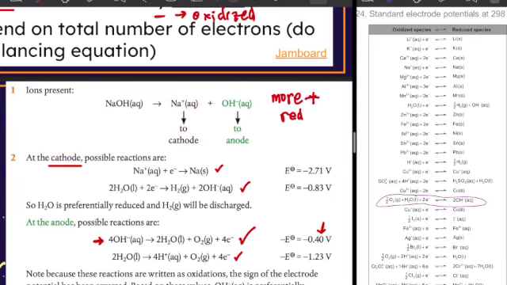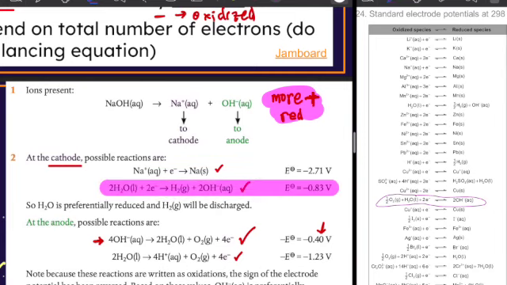So I'm looking for who's more positive, and that's the reaction that's going to win, because more positive gets reduced. More positive in this case is negative 0.83, and so water wins. Water is preferentially reduced, and so the products I would expect are H2 gas and OH minus.